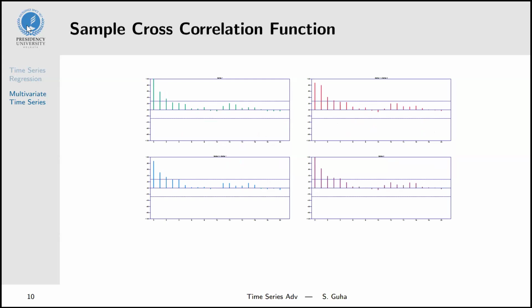Now what this one is telling is that this is at lag 0, this is at lag 1, this is at lag 2, this is at lag 3. So it is telling you that the second variable will have an effect up to 3 days.